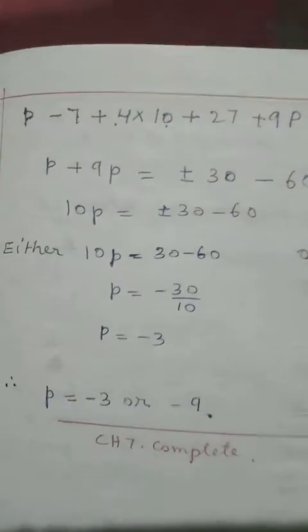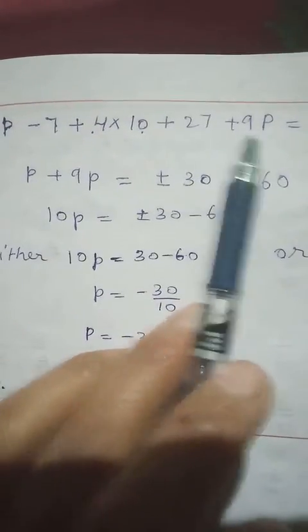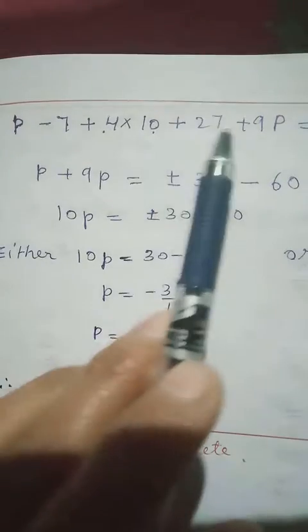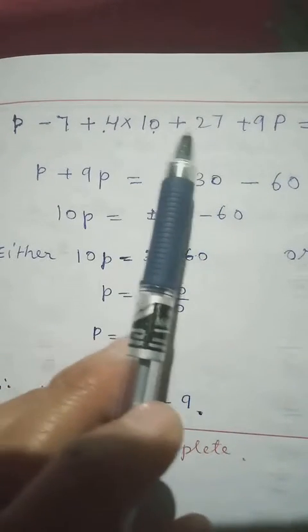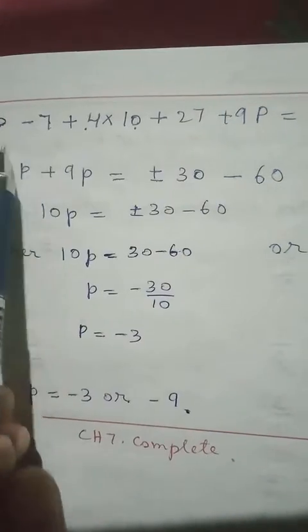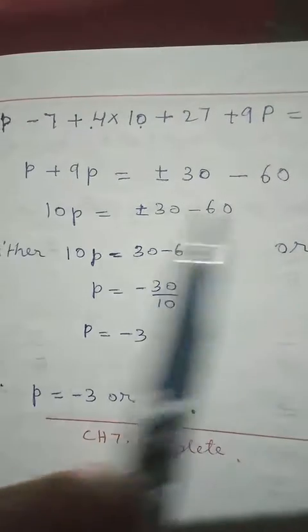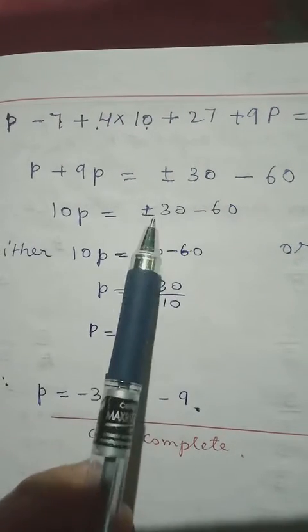So to find p, leave p on one side and transfer the others to the other side. Here we have p and 9p both plus, so 9 plus 1 will be 10. 40 plus 27 will be 67. Minus 7, it will be 60. Plus, take it to the other side, becomes minus. So now also we split, one for plus, one for minus, in front of 30.